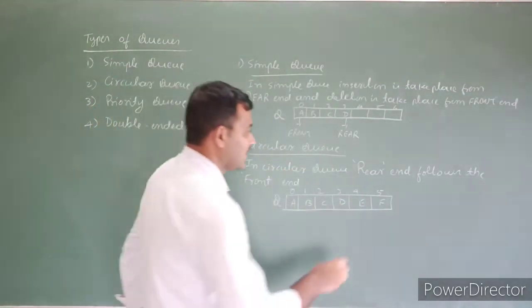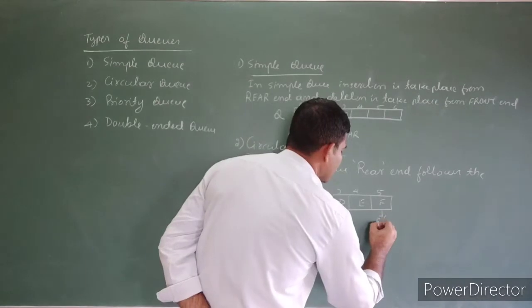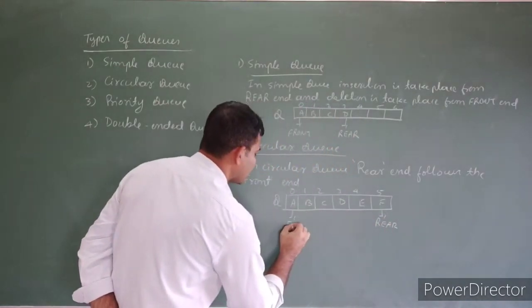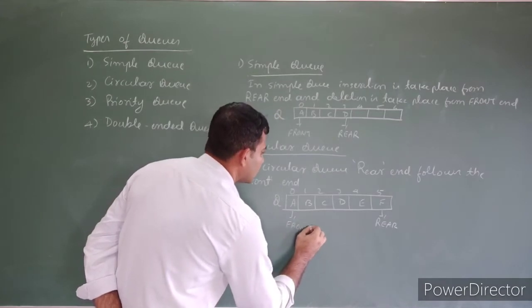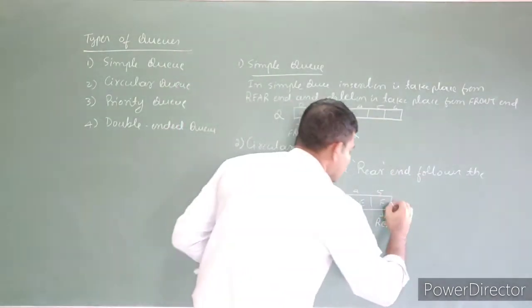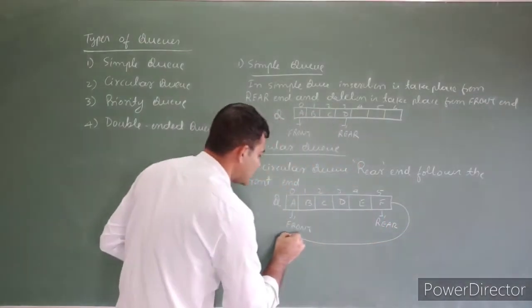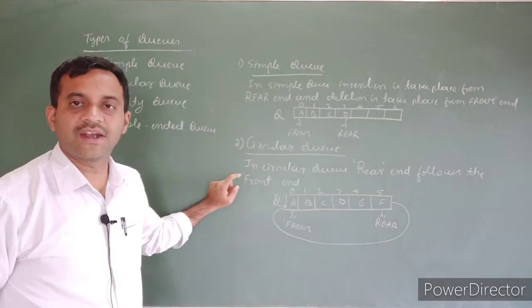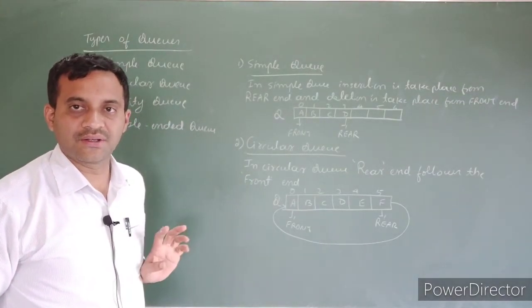Here, this is the rear end. Then this one is the front end. So, the rear end follows the front end. That is the meaning of circular queue. Rear end follows the front end.